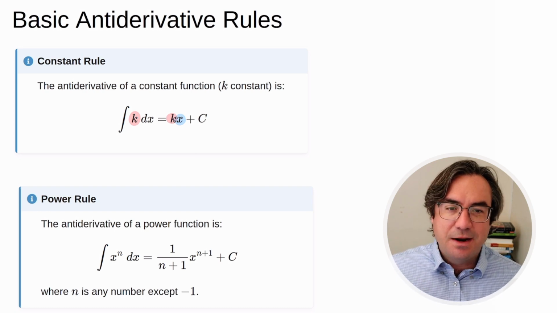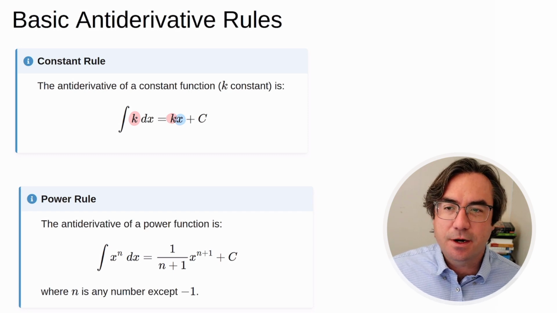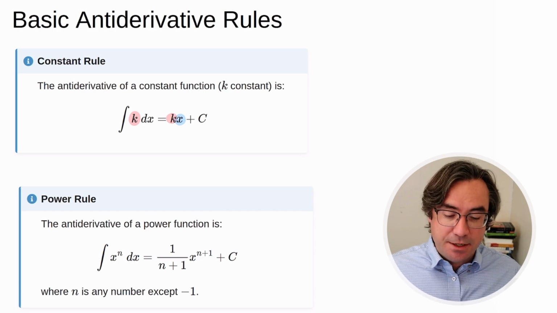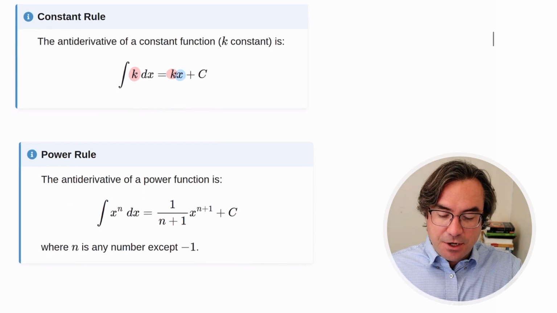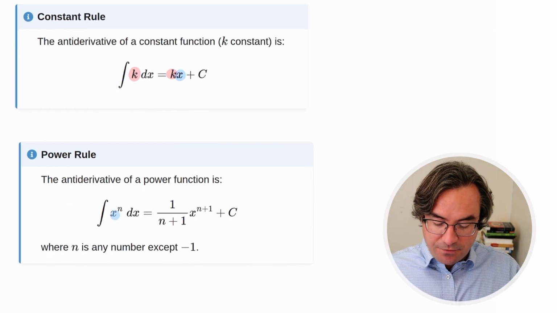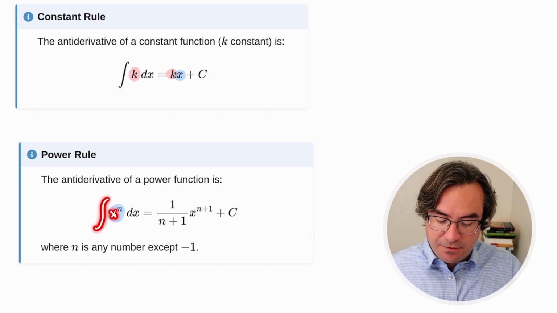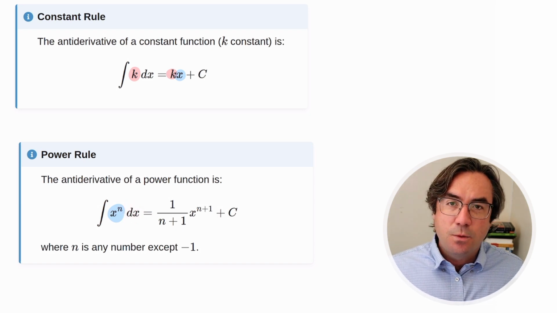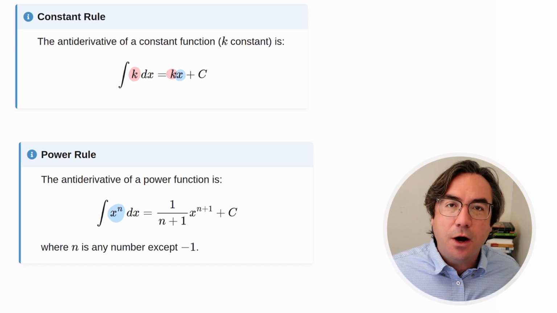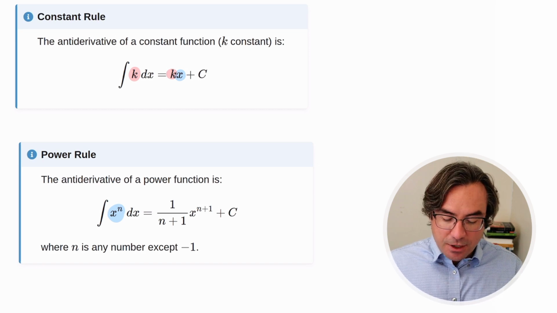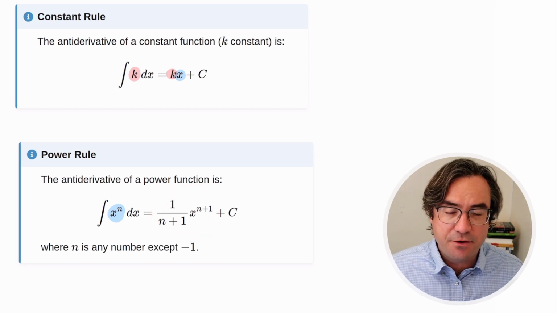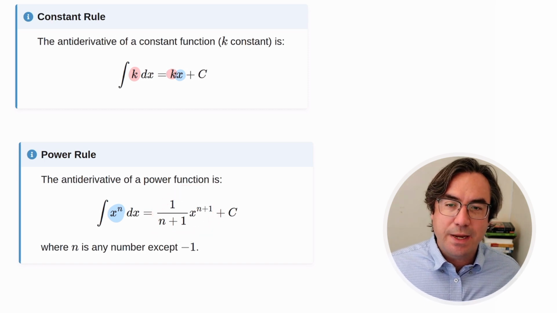Now the other most basic function that we're going to consider is a power function. And so it's going to be helpful to know what's the antiderivative of a power function. So if we're trying to find the antiderivative of x raised to the power n with respect to x, well, again, we're undoing the derivative. So it's going to look similar to our derivative power rule, but we're undoing it.